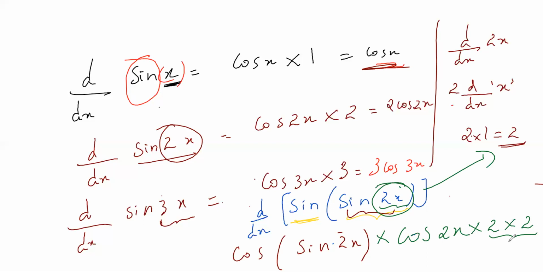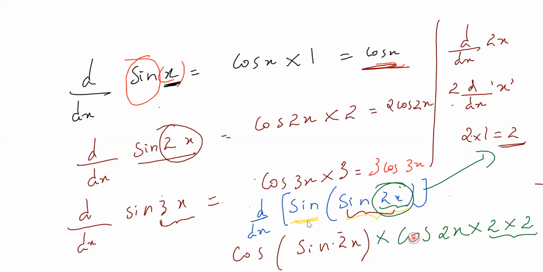Is everyone clear up to this? So guys, what I am doing in this question is, first I am differentiating the outermost term. Outermost term is sin, differentiation is cos. Cos x, here x is sin 2x. So that's the reason I wrote here sin 2x. Once I have done this, then I go to the next innermost bracket, sin 2x.